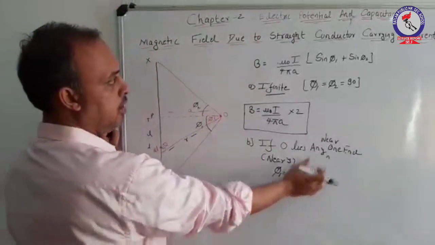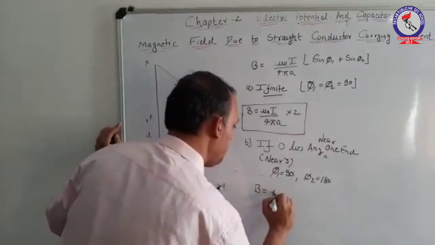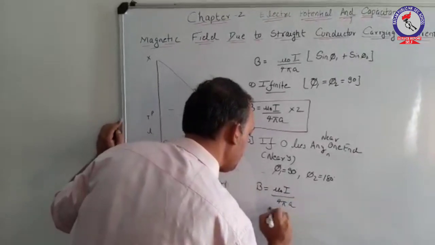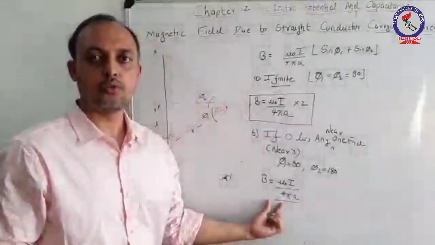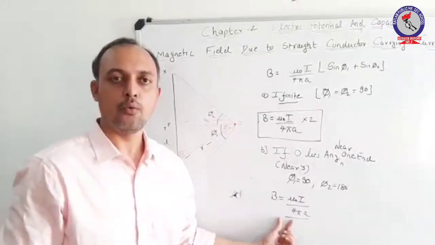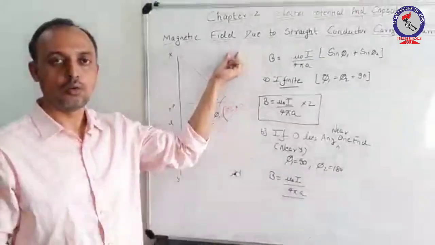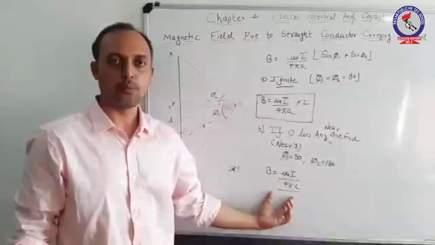Keeping phi 1 and phi 2 in the main equation, we will get the expression of field as mu naught I upon 4 pi a. That is the magnitude of field at any one end. If you calculate the field at the other end also, the magnitude of field will come the same, that is mu naught I upon 4 pi a.